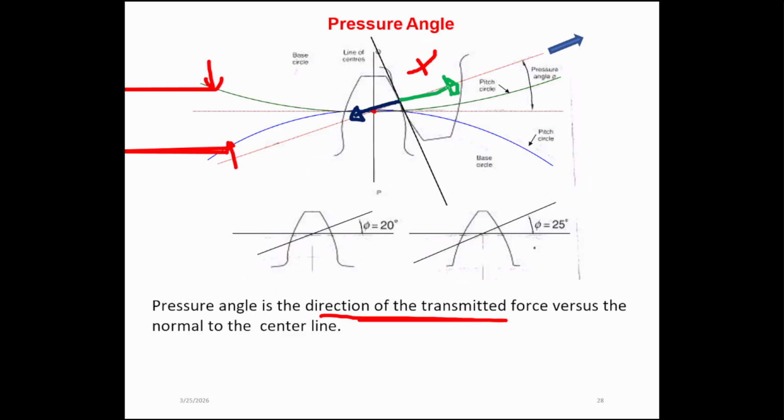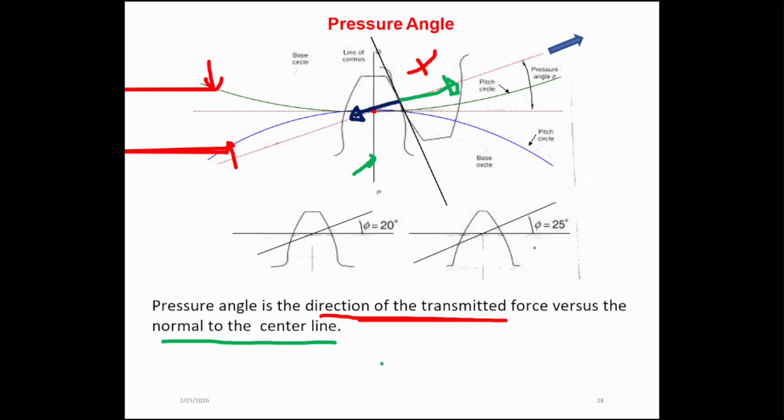So now you can understand that this is the direction of the transmitted force. It was represented earlier using this red color dotted line. Pressure angle is the direction of the transmitted force versus the normal to the center line. So what does that mean? What is the center line? This is the center in the blue color one.